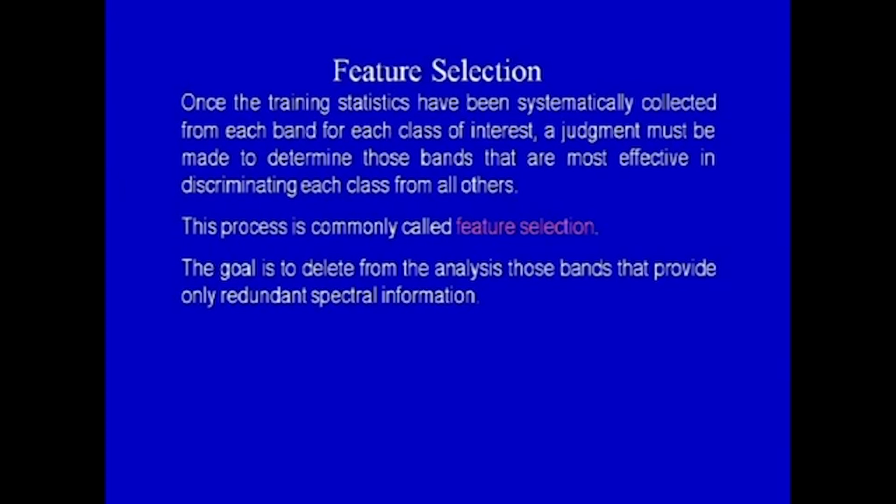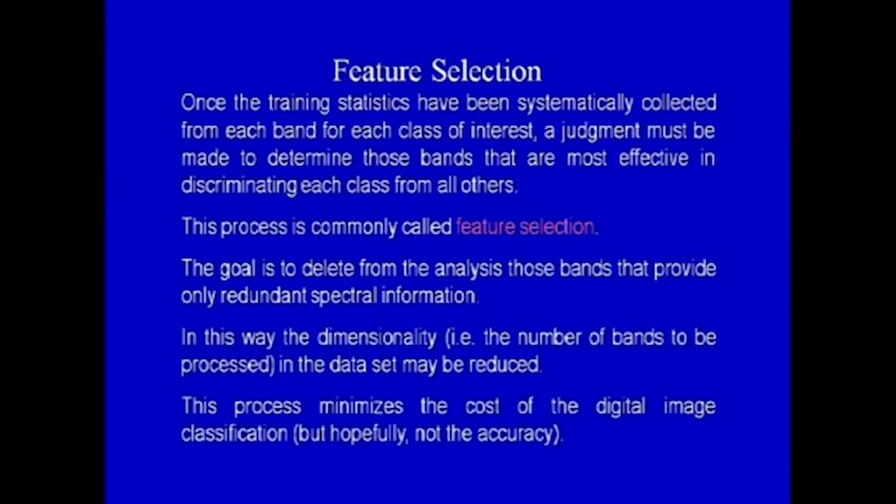The goal is to delete from the analysis those bands of data that provide only redundant spectral information. In this way, the dimensionality, that is the number of bands to be processed in the data set, may be reduced. This process also minimizes the cost of digital image classification, but hopefully not the accuracy.